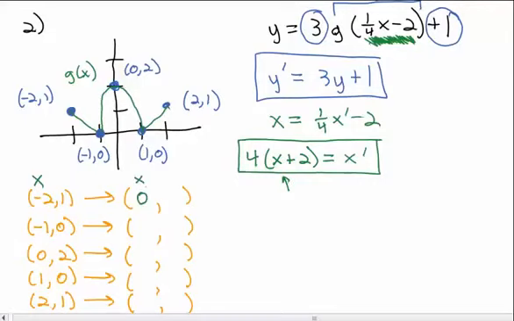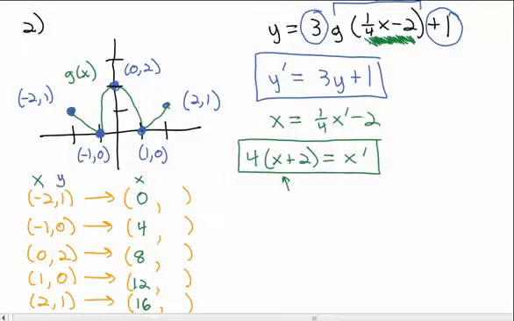That's our new x. -1 on the second point, plus 2 is 1, times 4 is 4. 0 plus 2 is 2, times 4 is 8. 1 plus 2 is 3, 3 times 4 is 12. And 2 plus 2 is 4, times 4 is 16. Those are our new x values.